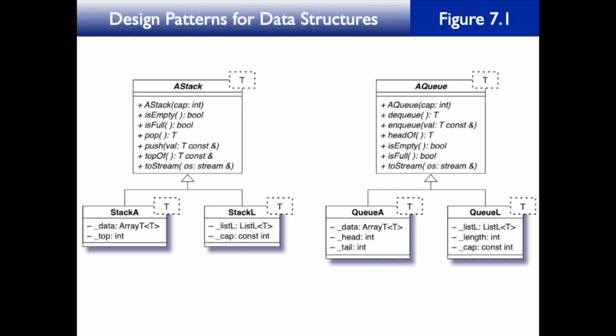And similarly, QA and QL now both implement the methods specified for the abstract queue. Namely, we have a constructor AQ, and the operations DQ and NQ, headOf, isEmpty, isFull, and toStream. And so the demos will not exactly match the current implementations of the stacks and the queues.